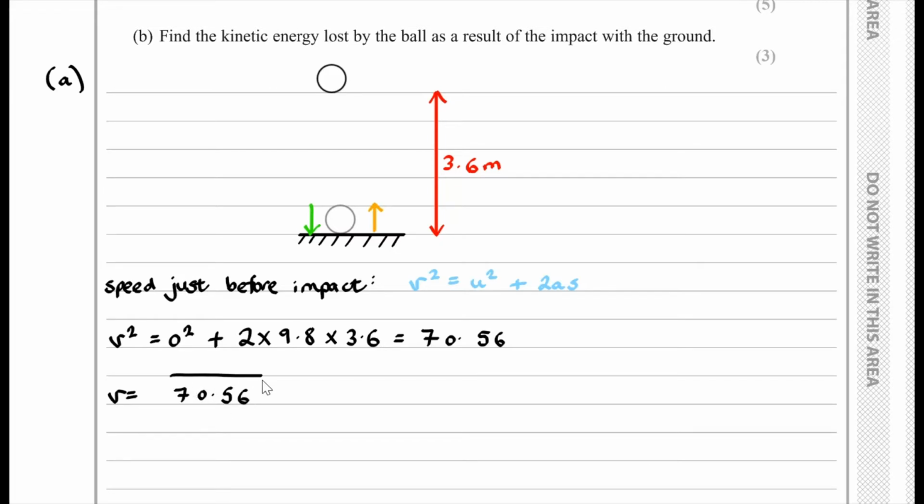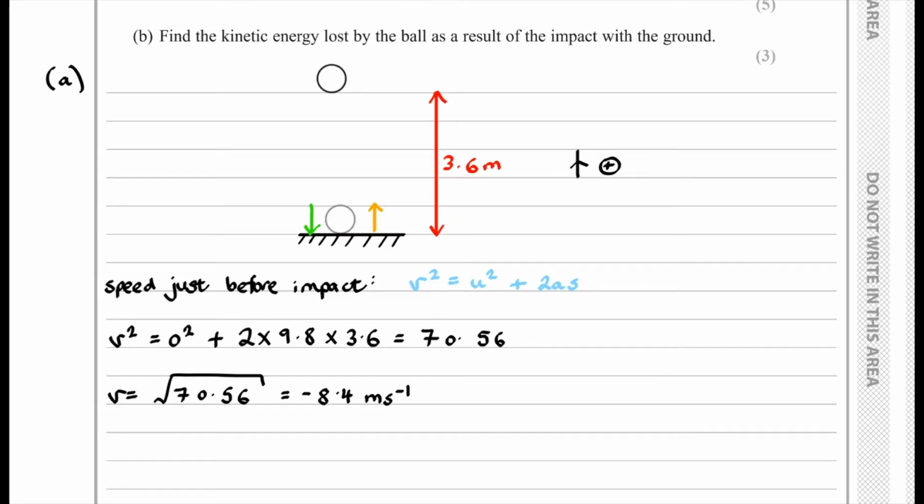Now here we have to be a bit careful. If we assume that upwards is positive, let's just quickly illustrate this. So if we assume upwards is positive, then the speed just before the impact will be minus 8.4 meters per second.